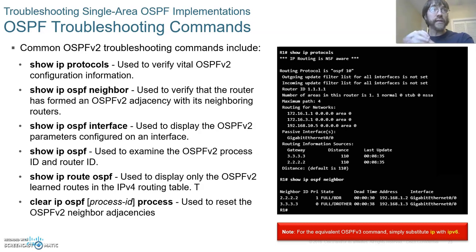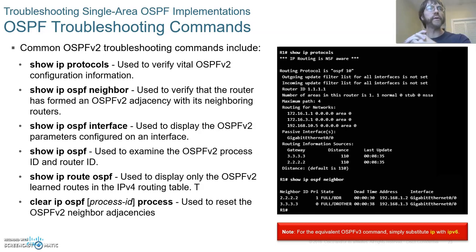The NSF thing at the top is nonstop forwarding. This is a layer 3 technology. Basically, the router is capable of basic layer 3 routing, but it doesn't have any routing protocols running.